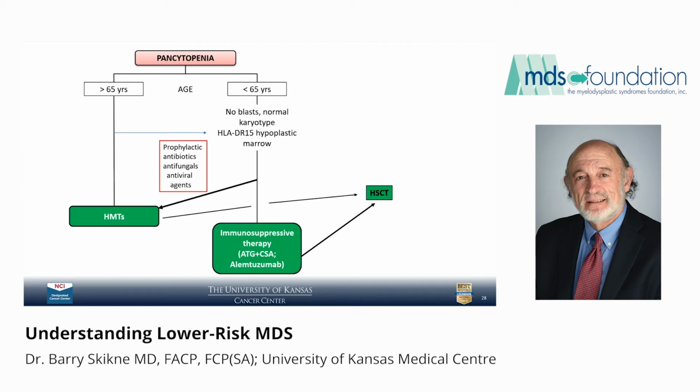So it's to switch off the immune system in these patients, and so you may get responses. But we also may have to try HMTs again, and again, you're going to rely on stem cell transplantation. The sooner you can do a transplant, the better, again, before the disease progresses to a worse level or state.